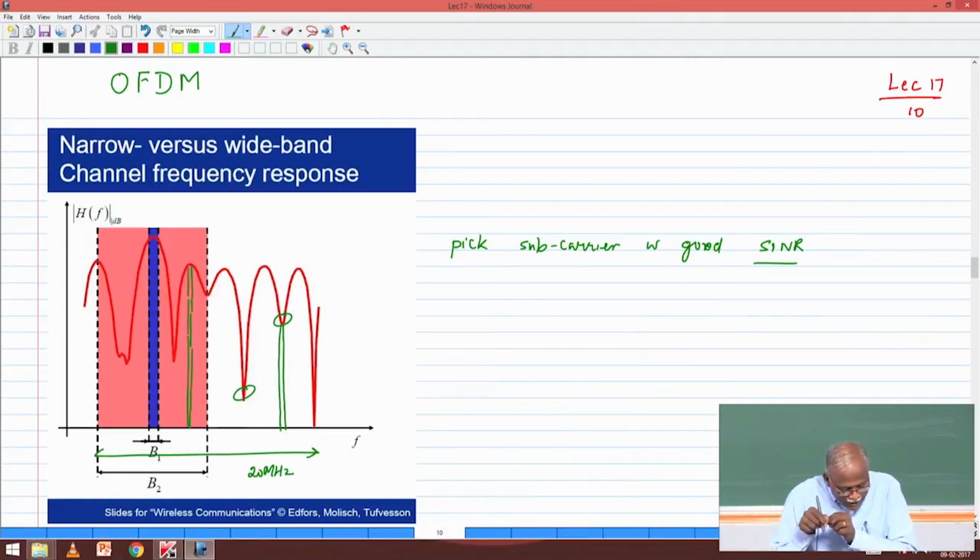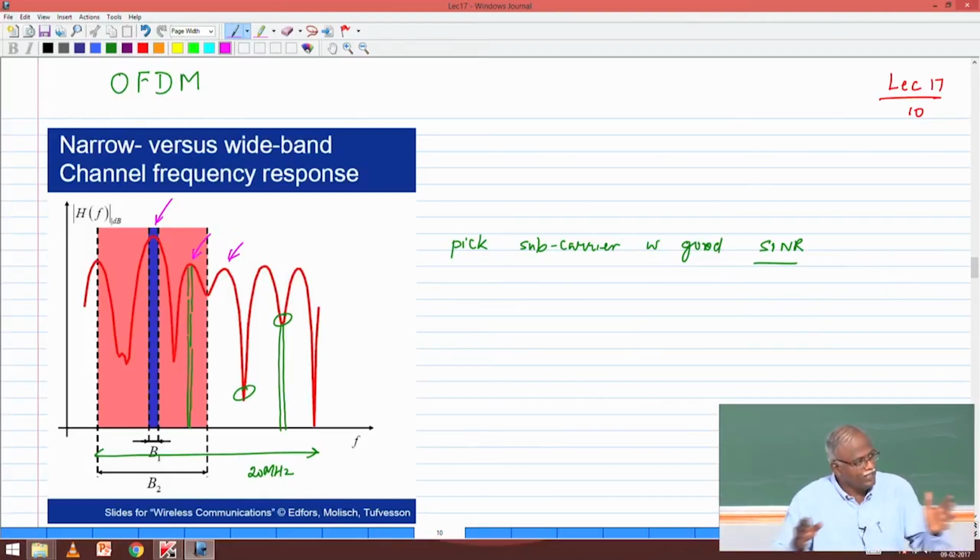So it is a physical location in the xy plane. At each location there is a set of multipath components that I receive, and the multipath components that I receive have a certain frequency response, and depending upon my carrier frequency I may see this channel or this channel or this channel, if I was in GSM.